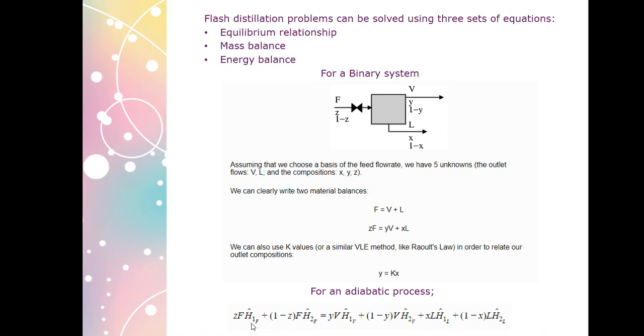So you have enthalpies of components A and B in the feed equated to the enthalpy content of the vapors, also having A and B, and the liquid also having A and B. So this is how we do energy balance in flash distillation.